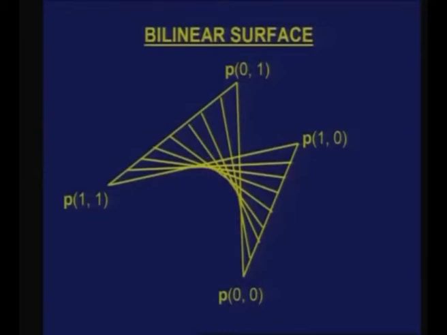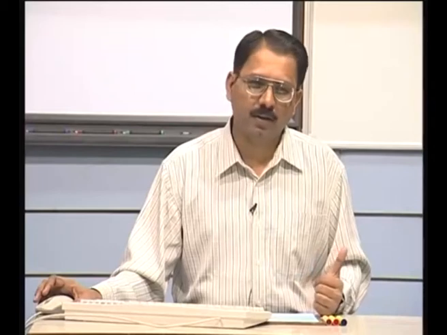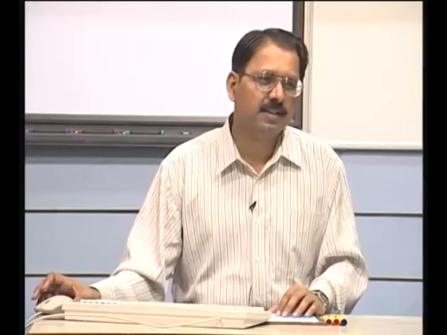The bilinear surface is one of the common forms chosen for big stadia roofs or many buildings. Like the roof which you have on the IIT Delhi Convocation Hall is also a bilinear surface, because it is easier to construct.